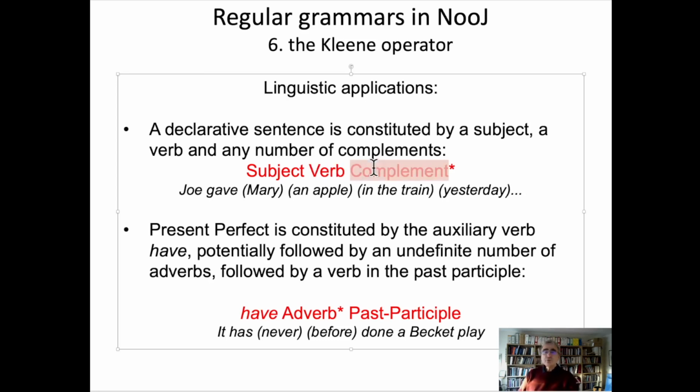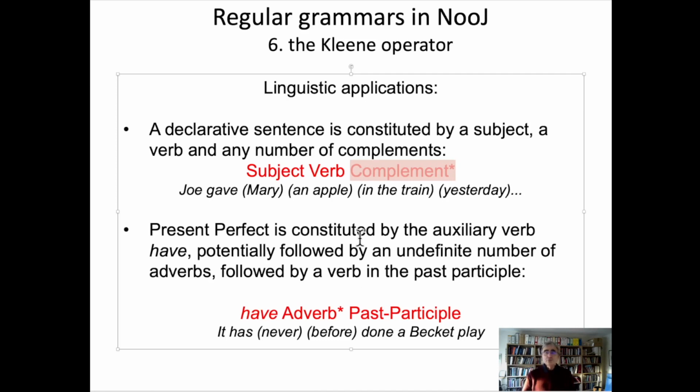So for example, this grammar would recognize Joe slept, you see, Joe subject, slept the verb, but then no complement. Or Joe ate an apple. Or why not, Joe gave Mary an apple. Or Joe gave Mary an apple in the train yesterday, etc. So this grammar is typically saying that I have a subject, a verb, and then any number of complements.